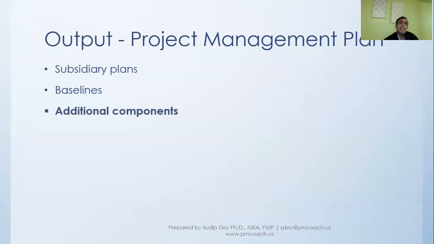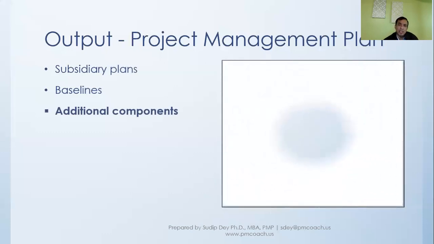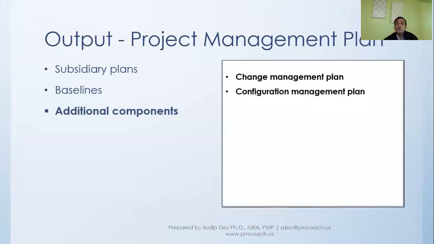In addition to that, there will be some other additional components as well. For example, the change management plan: how we are going to do change, what procedures we'll have. The configuration management plan: how we'll store or maintain the different components, features or documents. The performance measurement baseline: how our project will be measured.